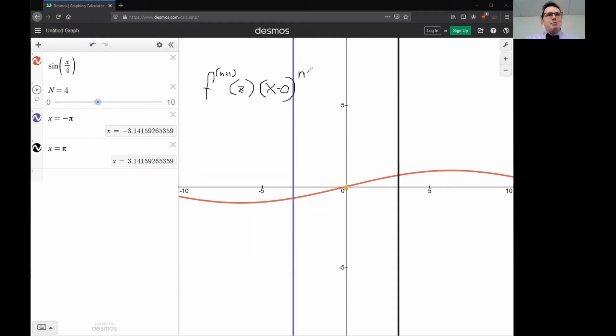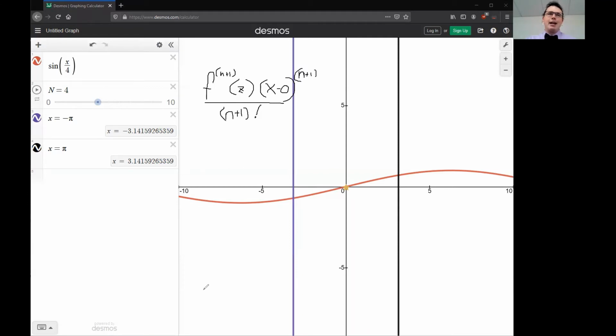Then I will multiply the value of this derivative by x minus a to the power n plus 1. Here my a is the number 0. This is all divided then by n plus 1 factorial. So this fraction here gives me an upper bound on the error.